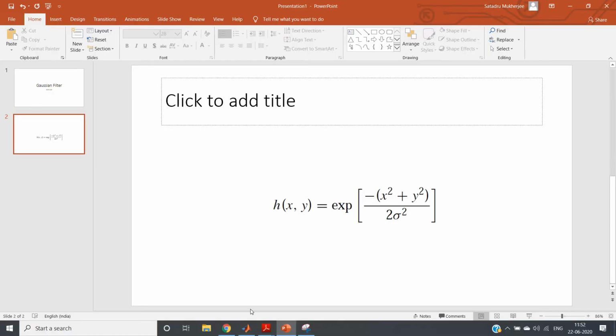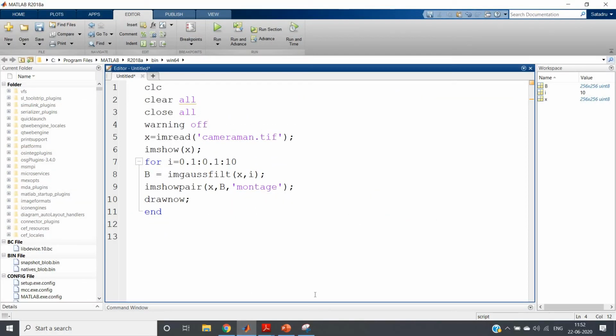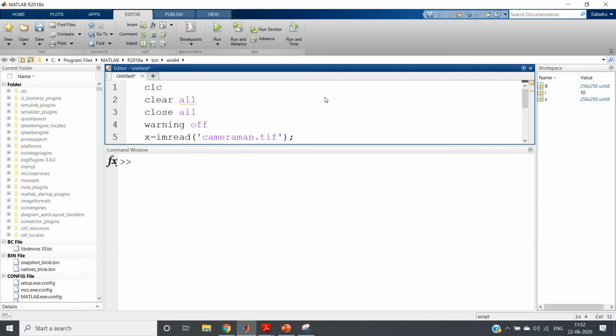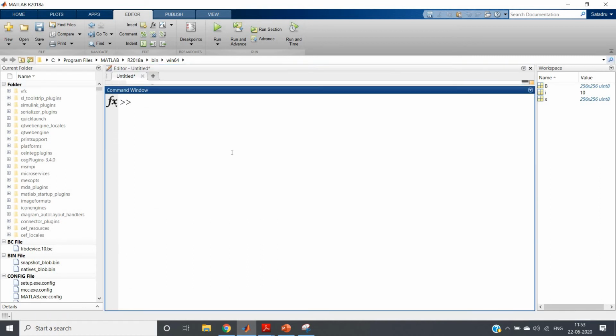Okay, so there are several MATLAB functions to implement the Gaussian filter. Here you can simply use fspecial also, like if I write fspecial Gaussian and click enter, and I get the frequency response, I have already discussed how to get the frequency response, that is freqz2.